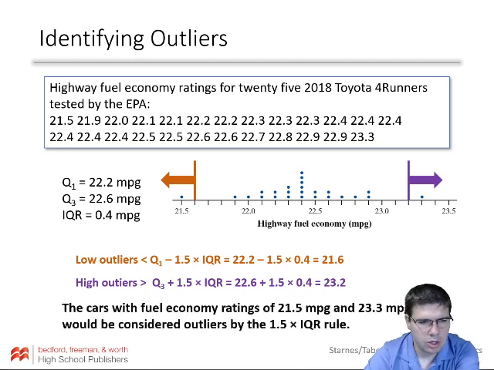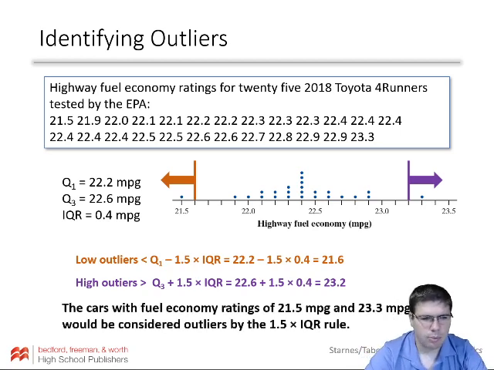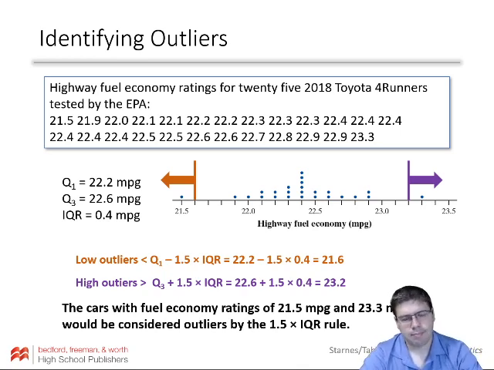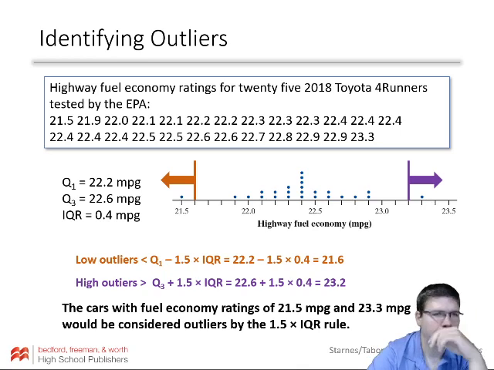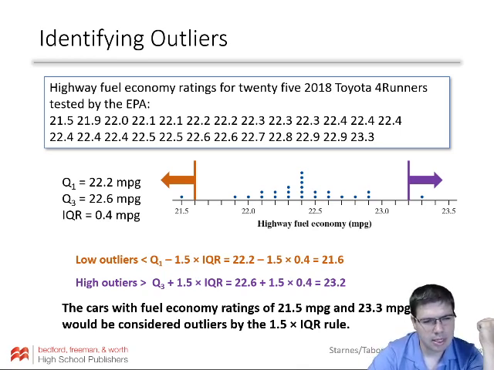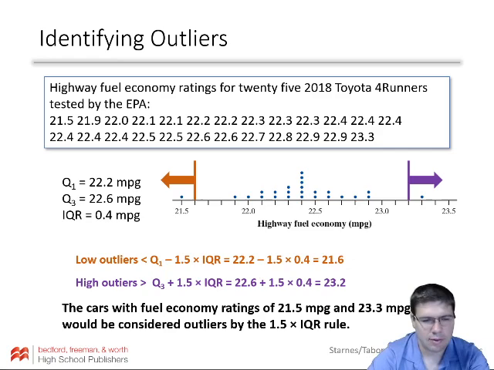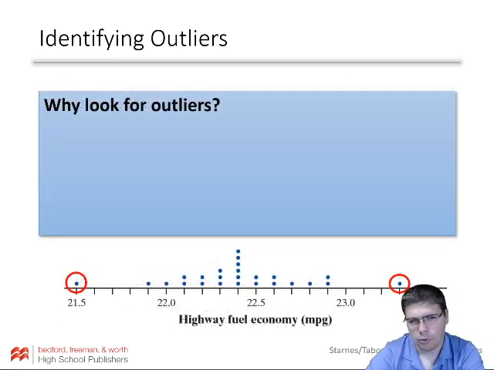So the cars with fuel economy ratings of 21.5 and 23.3 would be considered outliers by that rule. The other most common rule is to look at a number of standard deviations from the mean. Depending on 2, 2.5, or 3 standard deviations from the mean, different people will say that's different levels of outliers. But we won't use that definition.